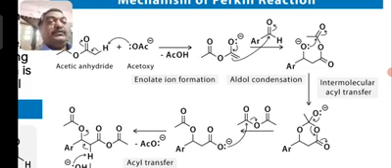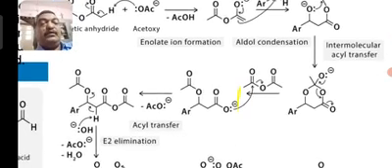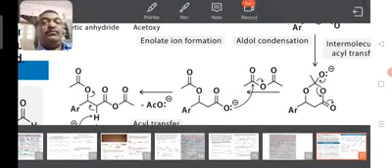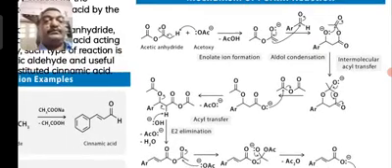So this cyclic product will react with another molecule of CH3COOCOCH3 to give this product. Okay, and this product again reacts, and it will form the eliminated product.